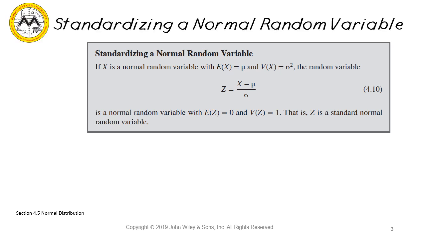In order to standardize a normal random variable, if your distribution does not have the mean and the standard deviation equal to 0 and 1 respectively, we use the standardizing formula Z is equal to x minus mu over sigma. That is, if the expected value is mu and the variance is sigma squared, we use this formula to convert the distribution to have a mean of 0 and a variance equal to 1.